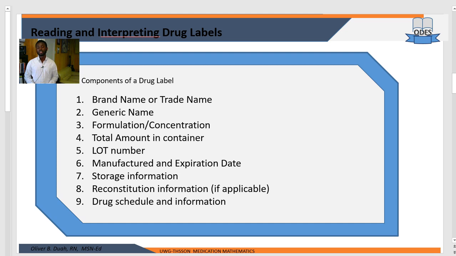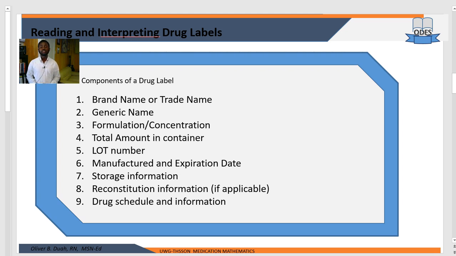You are also going to see the manufactured and expiration date. The expiration date is very important because you don't want to give an expired medication to your patient. So when you pull your medication, you always have to ensure that it has not gone past the expiration date.